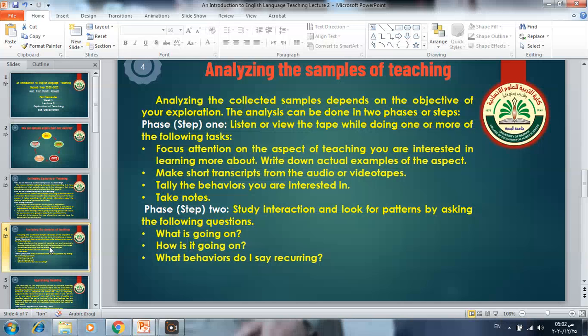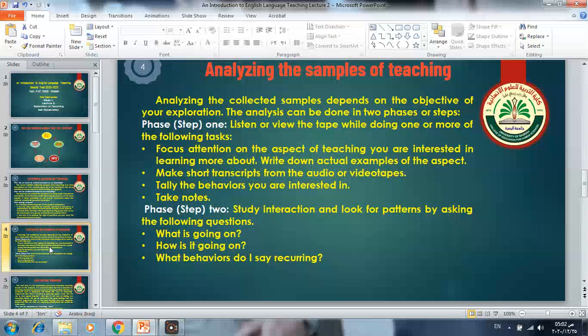What are these tasks? First, focus attention on the aspect of teaching you are interested in learning more about, and write down actual examples of the aspect. So if you are after, for example, the aspect of asking questions, then you have to focus on that specific aspect.